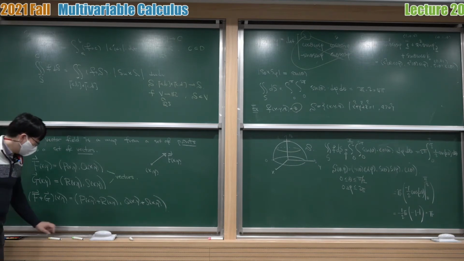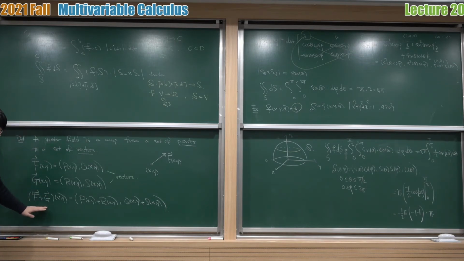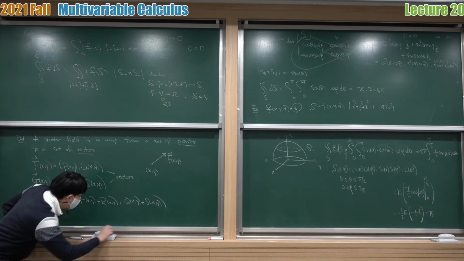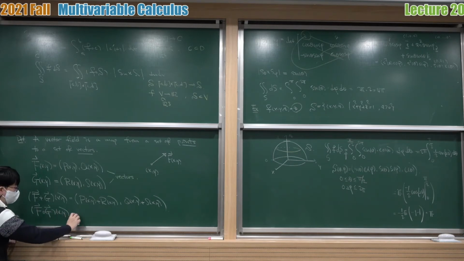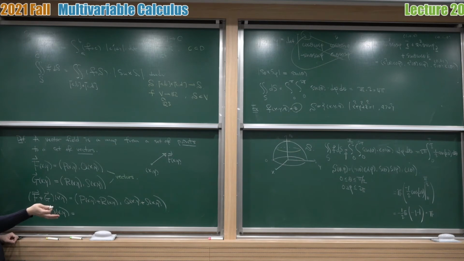Okay. And not only can you add vector fields, you can take the cross product of vector fields if the vector fields are three-dimensional. Okay. But here we're talking about the two-dimensional vector field. We're not going to do that. But you can also take the inner product. Right? But what do you get after you take the inner product? You get a scalar number.